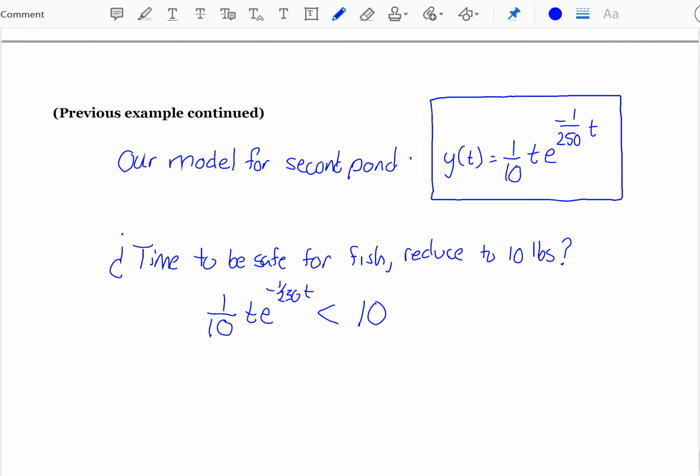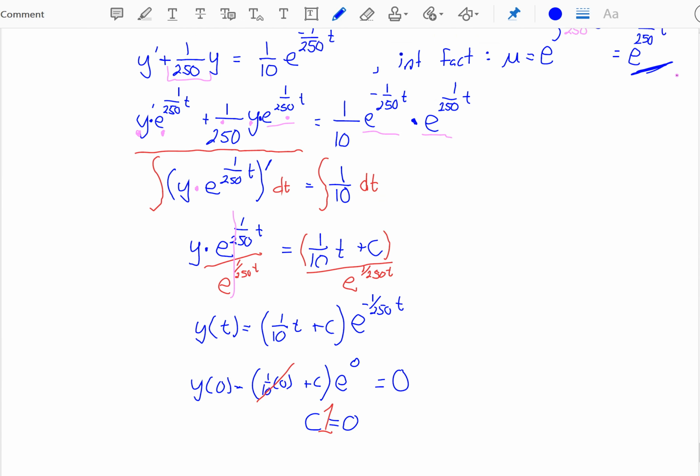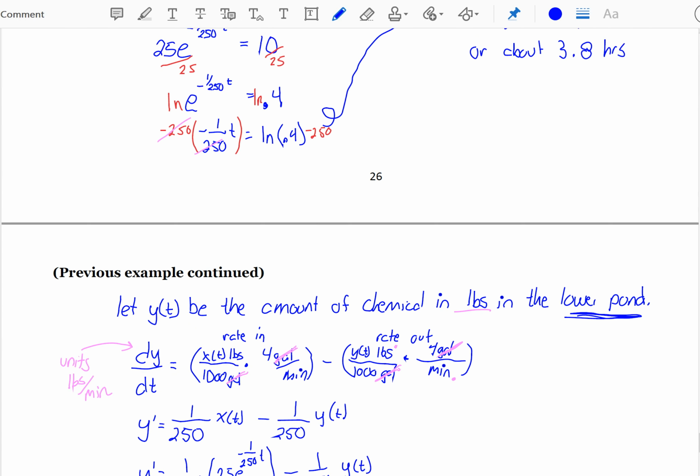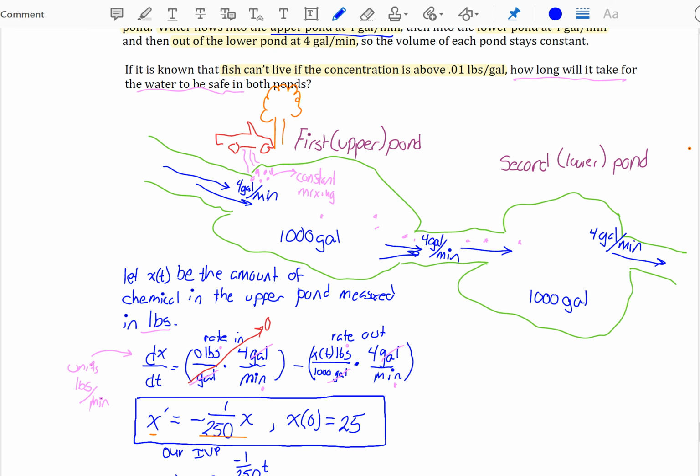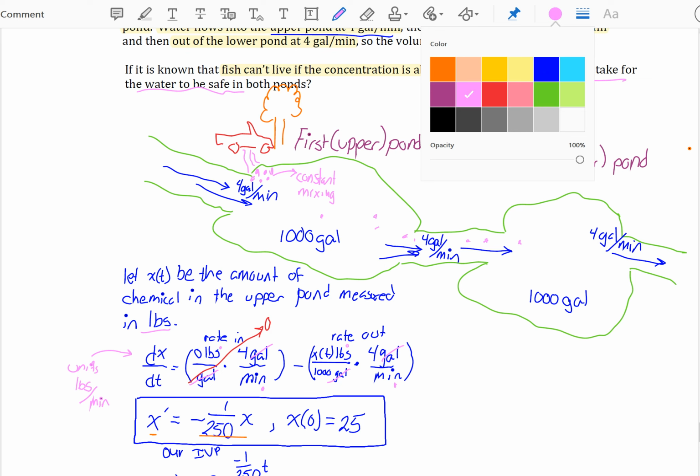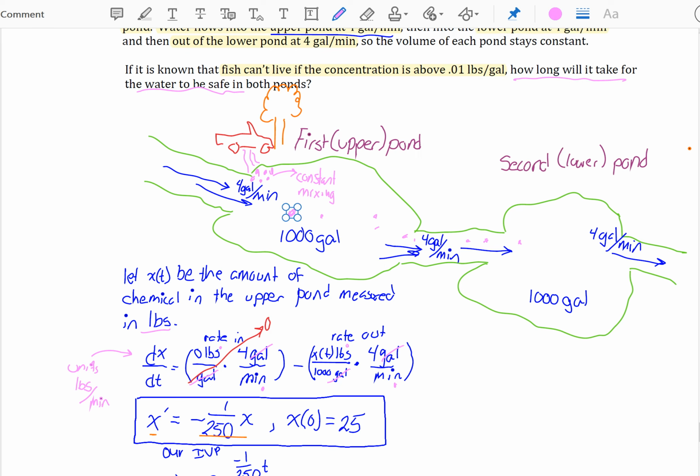Let's go back to our picture. Remember, there was no chemical in this lower pond. The accident happened at the upper pond. After the spill occurred, this chemical started spreading into the upper pond and then started flowing into the lower pond.